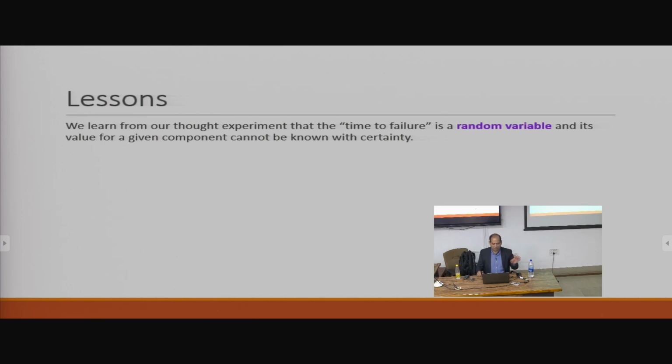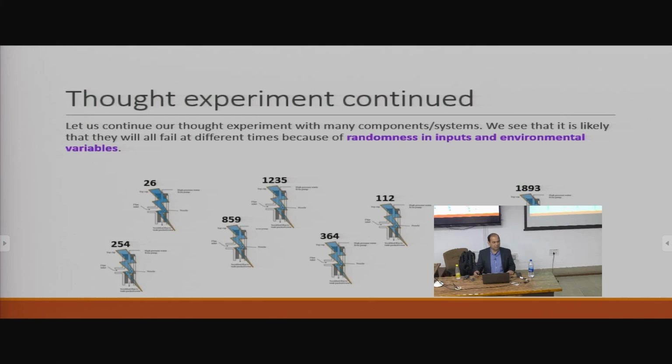So you know what's coming there. Its value for a given component cannot be known with certainty. If we knew that this component will fail at this exact time, then there's no uncertainty. Okay, and this is typical of what you would see. I mean, these are notional numbers, but that's what you would see for most components. Manufacturers that collect data would see, okay, well, these are failure times of this part, right?